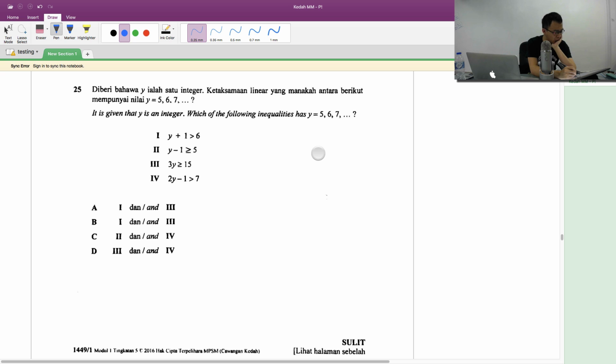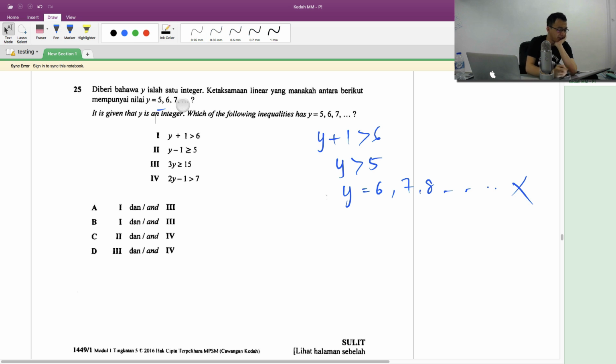Alright, so we solve one by one. So y plus 1 bigger than 6, y is bigger than 5. So y is bigger than 5, the next number basically is 6, 7, 8. So the first one is no, because the first one doesn't include 5.